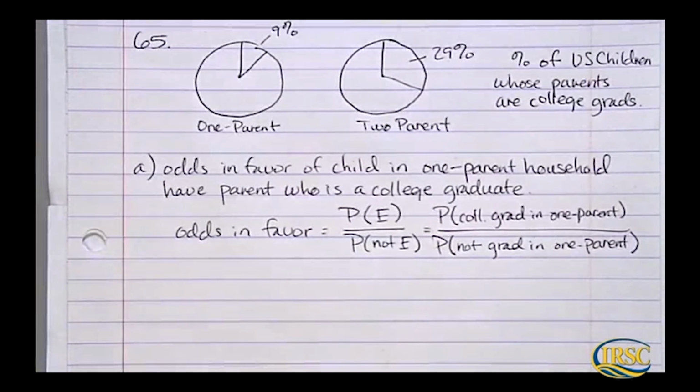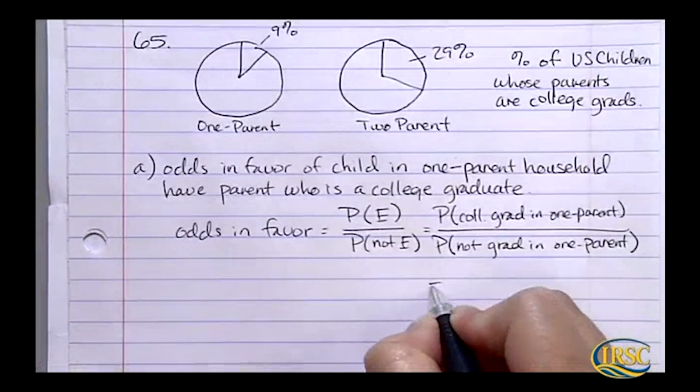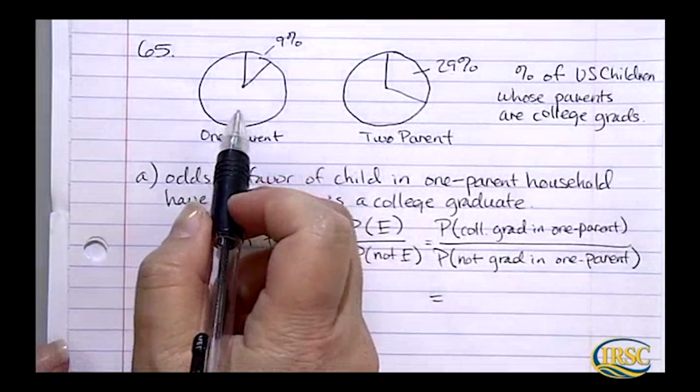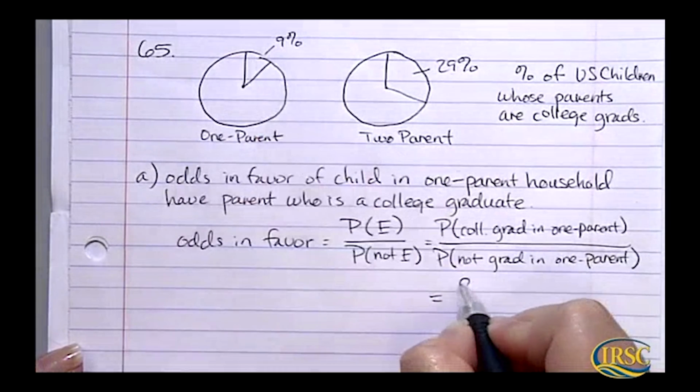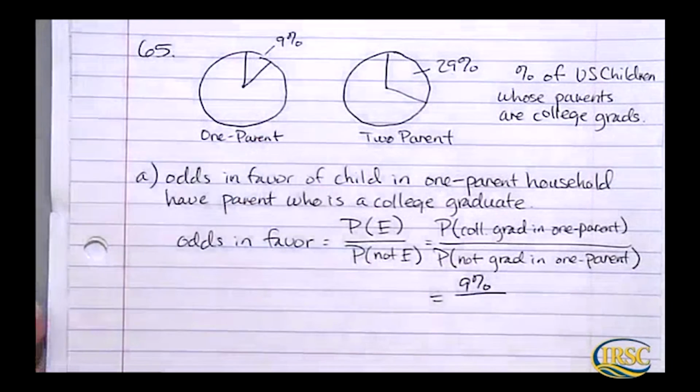Okay, so this time we have it in percentage, which it's okay to leave as a percent. So the probability that it is a college grad, according to this first chart here, is 9%. In other words, 9 out of 100. Okay, means the same thing, 9%, 9 out of 100.